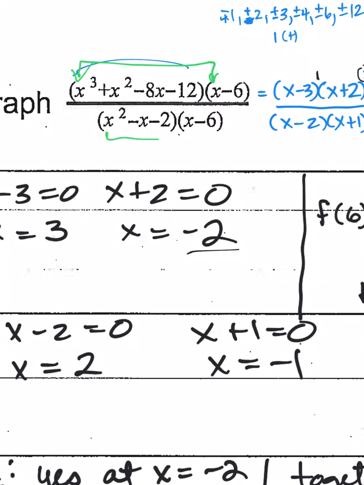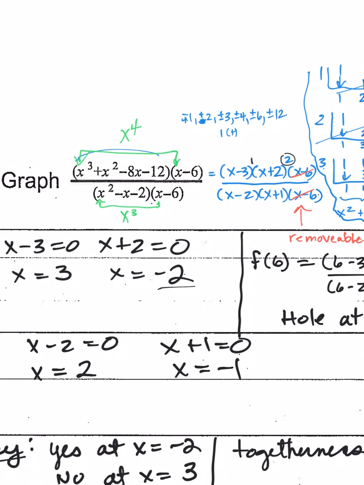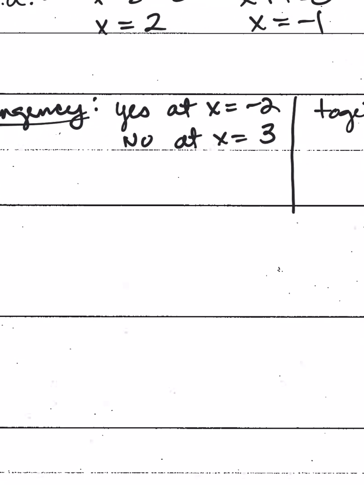And what's my lead term going to be here if I multiply this together? So this is x to the fourth, and this is x to the third, isn't it? Now, because we got rid of this, we could just look at x cubed and x squared, couldn't we? Matter of fact, that's just as easy. If you can get rid of a factor, you can look at what's left to see. So we got x cubed and x squared, right?